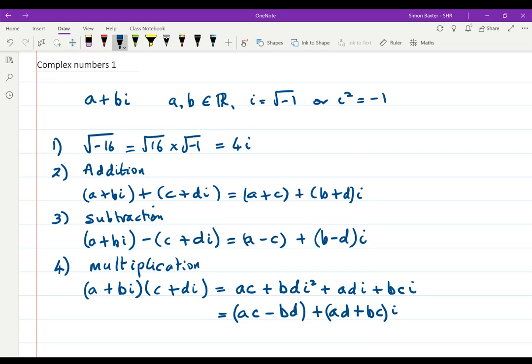So those are all very simple and very much like using i instead of x. And then whenever we get i squared, we just write -1. So those are the rules that we've made up so far.